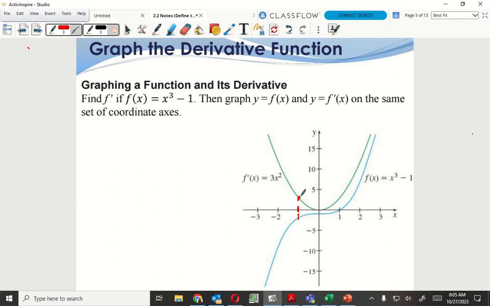So the blue function, if I draw a tangent line, there it is. What can you tell me about the slope of the tangent line there? The tangent line is always going to be a line. It's positive, right? Okay.